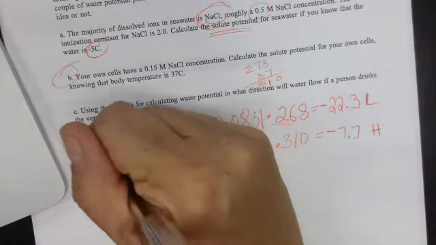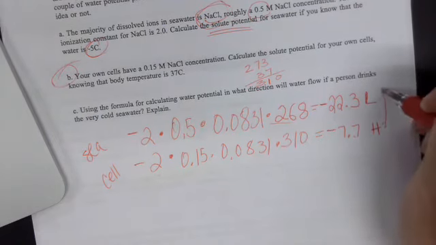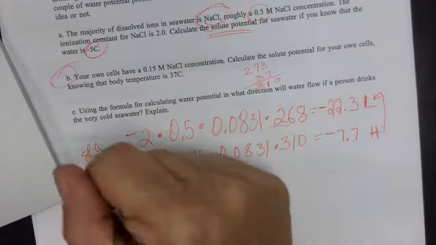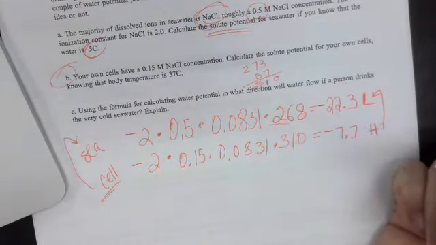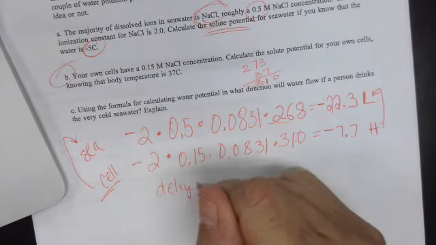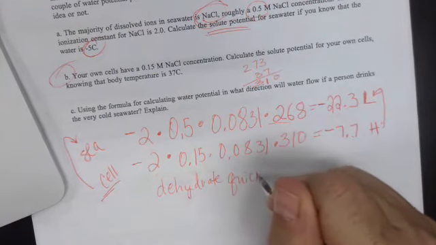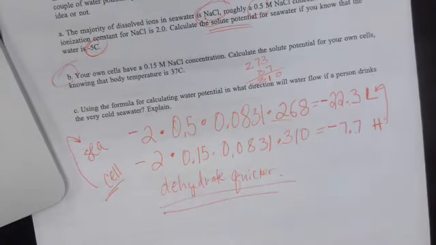We're going to go from water potential of high to water potential of low, and a lot of water is going to be lost from the cell to the seawater. Yeah, so that's what's going to happen. You're going to dehydrate quicker than if you didn't drink any of the water at all. And that's water potential. Let me know if you have any questions. Good luck.